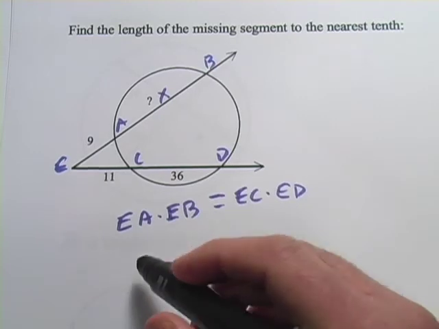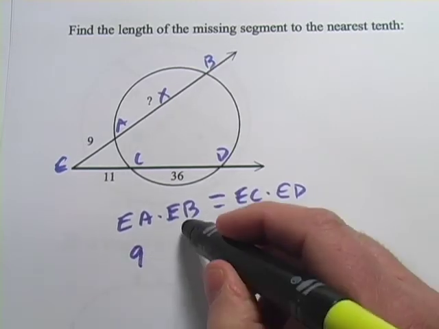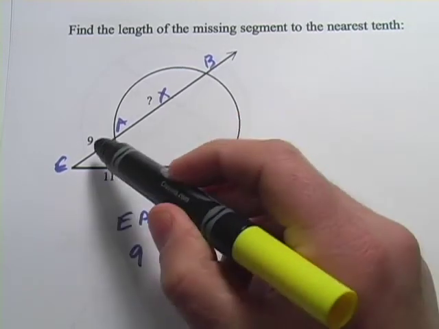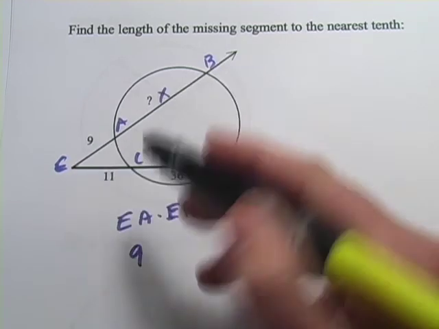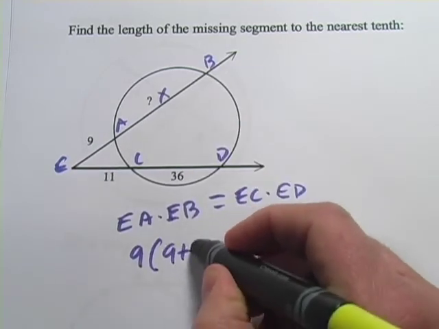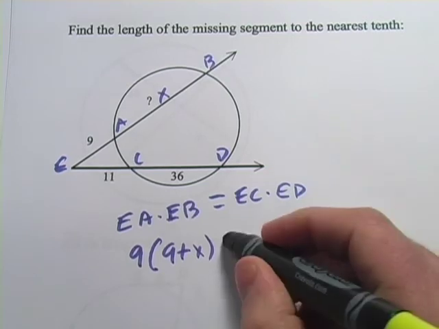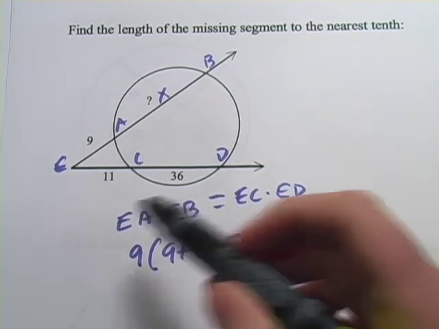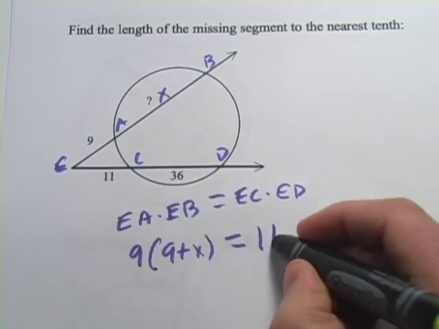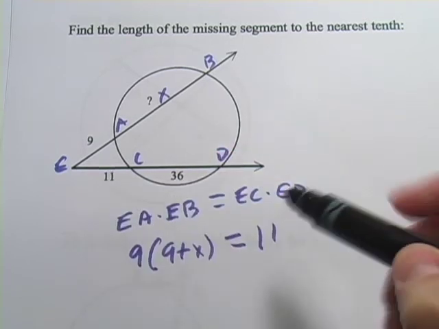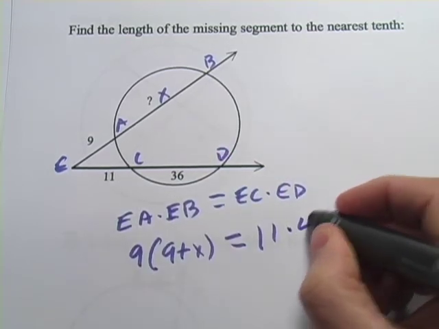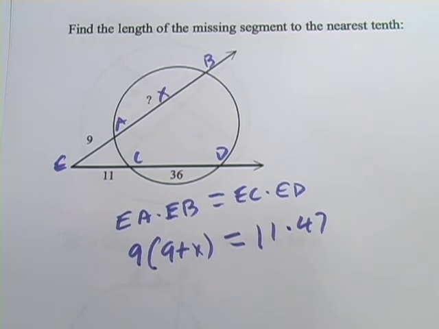This would translate to, well, EA is 9, and EB, it's not x, it's 9 plus x. It's this whole length. So we have to put it like this, 9 plus x. And that equals EC, which is 11, times 11 plus 36, which is 47. So that's how to set that one up.